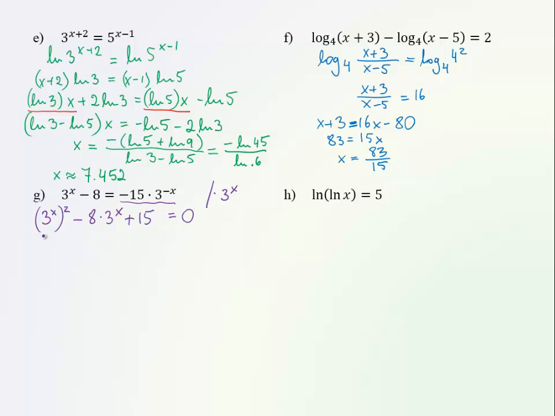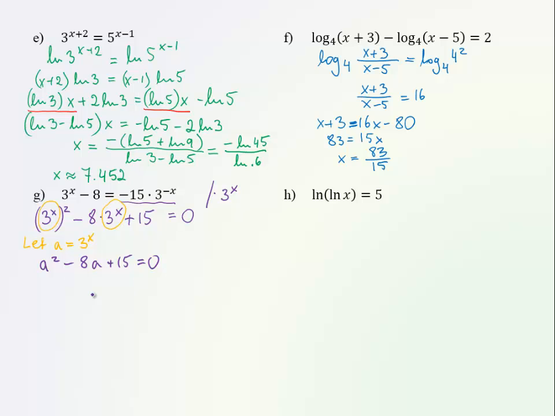Well, notice that what we obtained is actually reducible to a quadratic equation. It's enough to replace the 3 to the x by some other variable. For example, let a be equal to 3 to the x. So now in terms of a, we really have the equation a squared minus 8a plus 15 to solve.